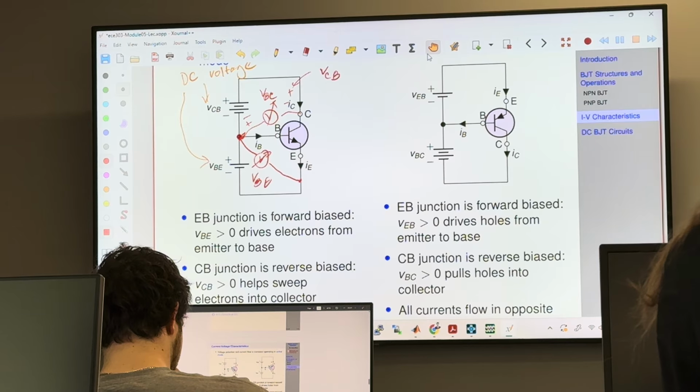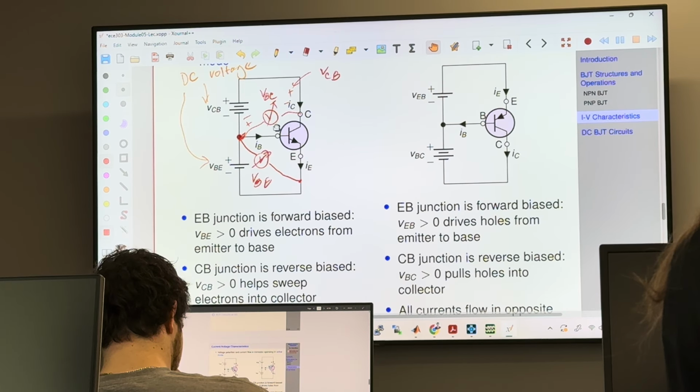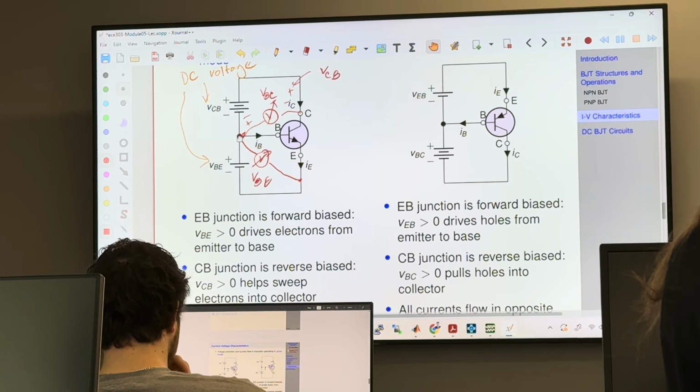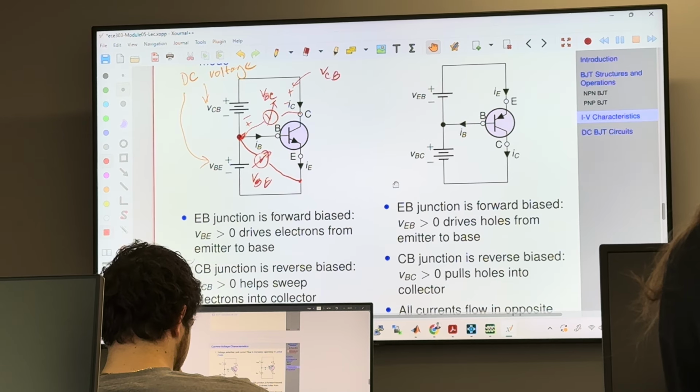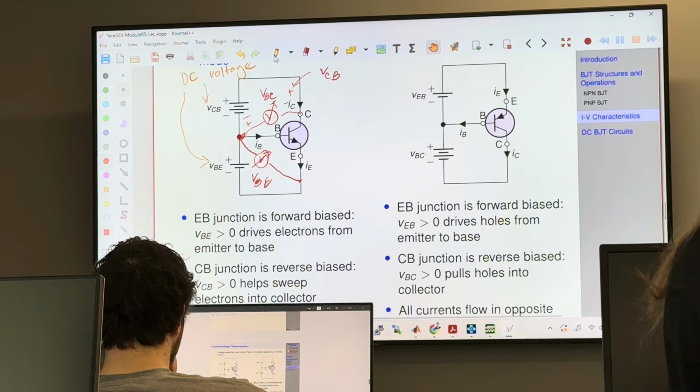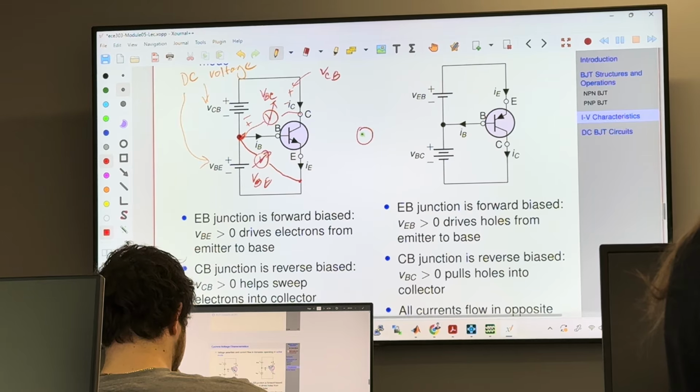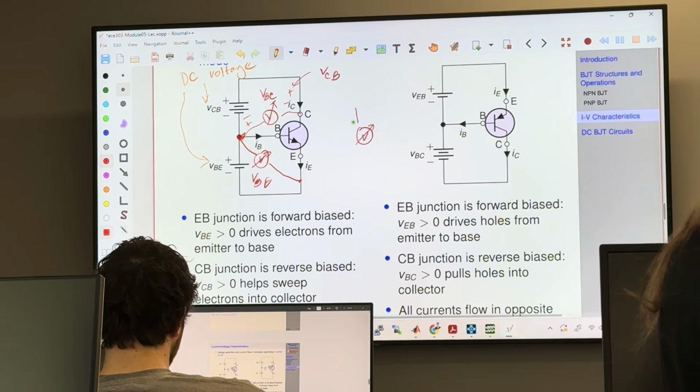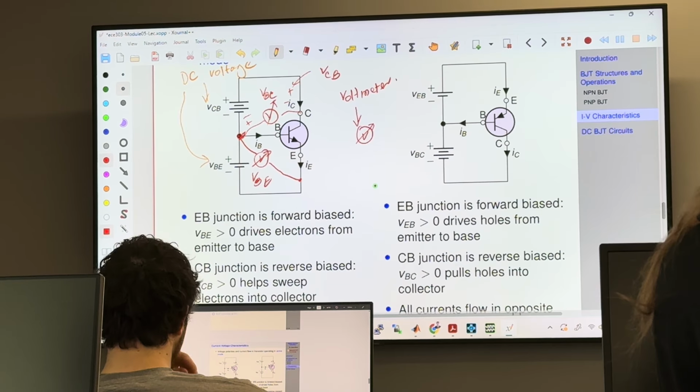Yeah, what's the symbol connecting the two, like the C and the B node? What's that symbol? This symbol? Yeah. Oh, this symbol is called a voltmeter. This symbol V is a voltmeter.